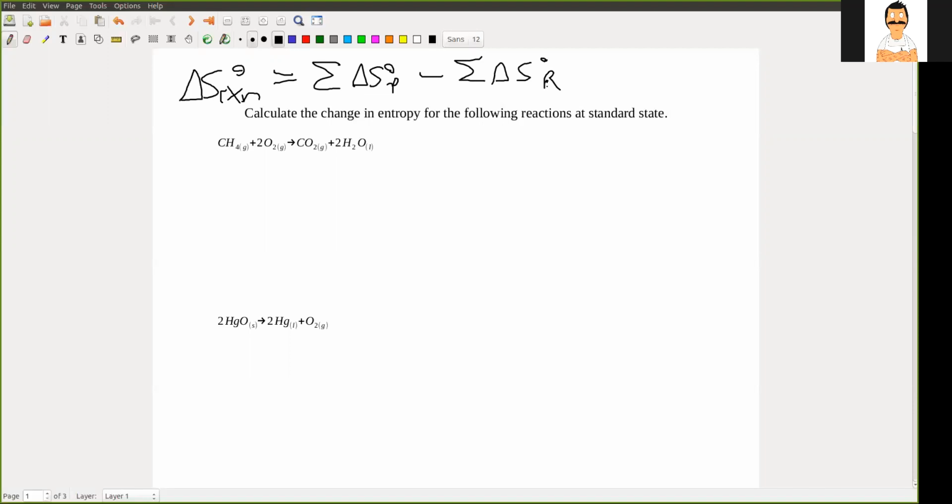So we can look at any given chemical equation and determine what the change in entropy for the reaction is.